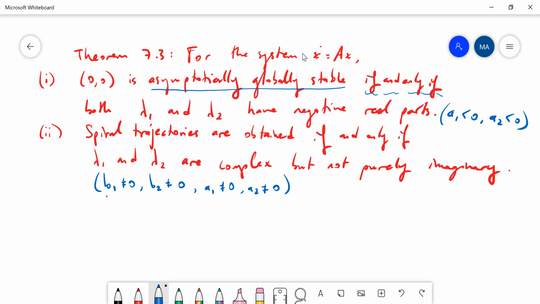So this means they are complex. This means they are not purely imaginary. Because if A1 is 0, A2 is equal to 0, these numbers are purely imaginary. Okay, we don't want that. We want both the real parts and the imaginary parts.